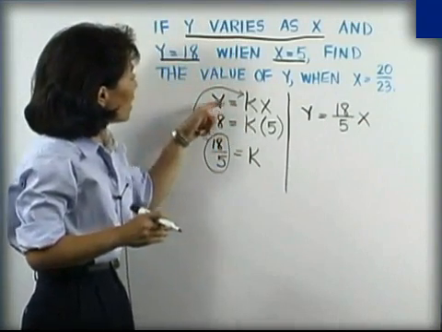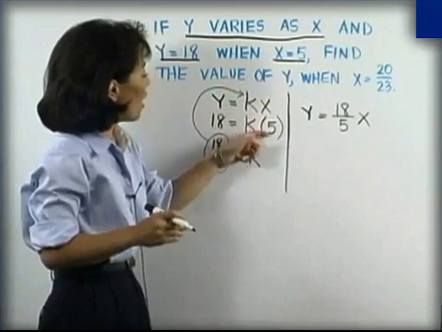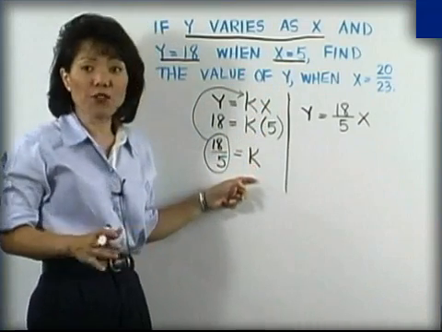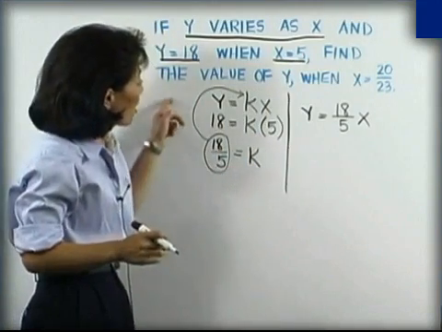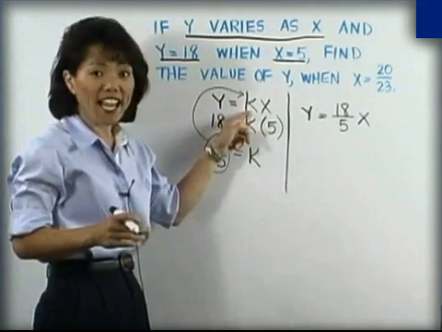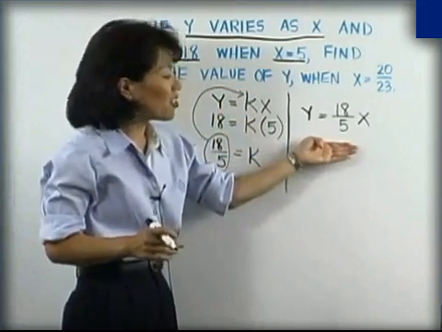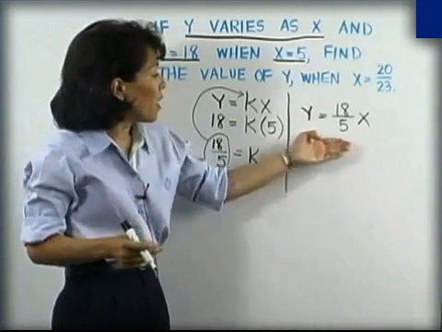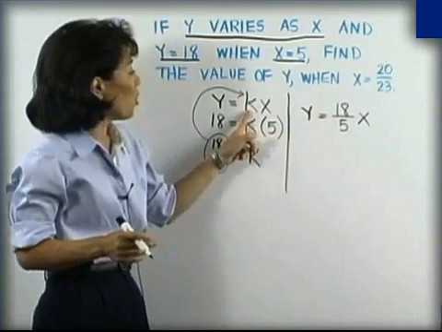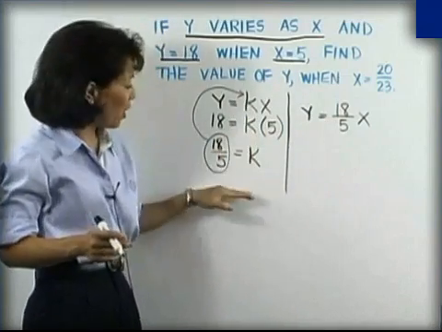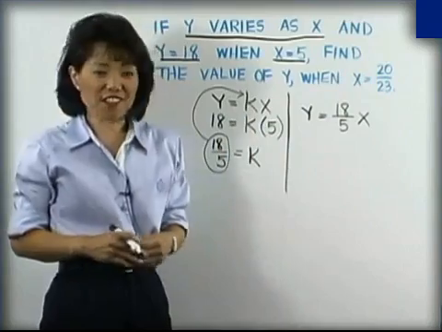Y is 18, x is 5. I find my k value, that's my constant of variation. I take the 18/5, substitute it in for k, and my new equation of variation for this problem is y equals 18/5 x. Notice all we did here was replace k with the found value 18/5.